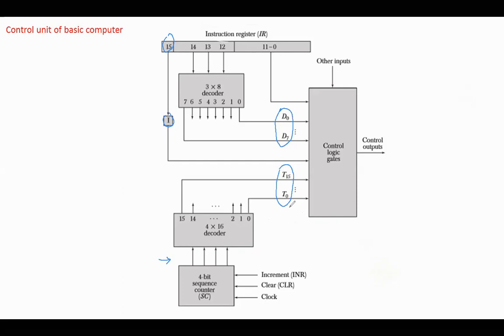These signals, along with other inputs, are applied to control logic gates used to generate the required control outputs to perform a specific operation. The design of control logic gates is the most delicate section in this chapter.